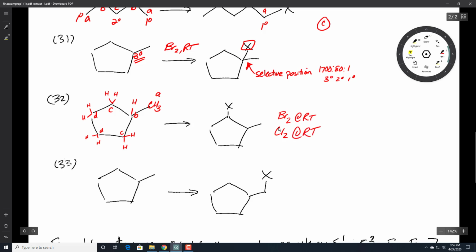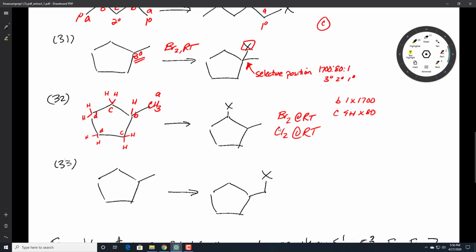Now the problem is bromination in this case, for C, which is what I want, at C we would have 1, 2, 3, 4 hydrogens times 80, but position B would have 1 hydrogen at 1700, and so C would not be the major product of that reaction if I do bromination at room temperature.